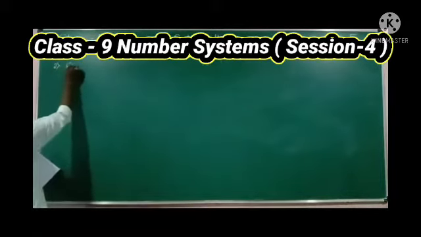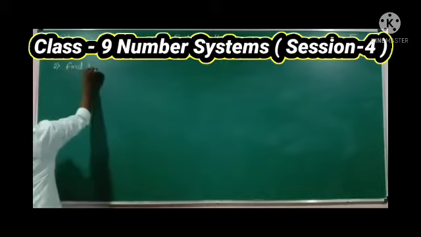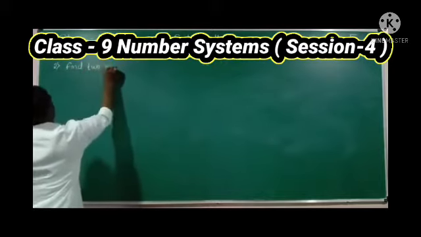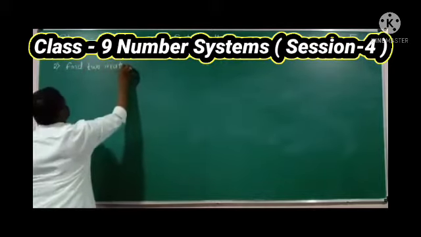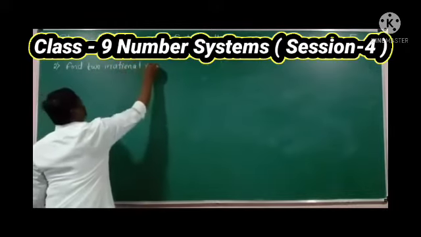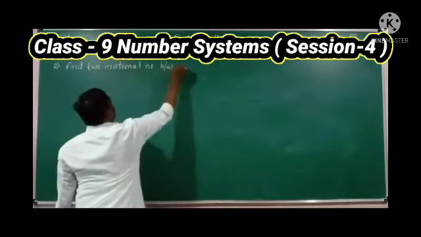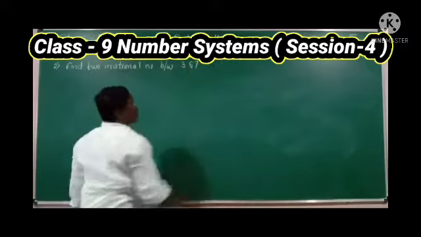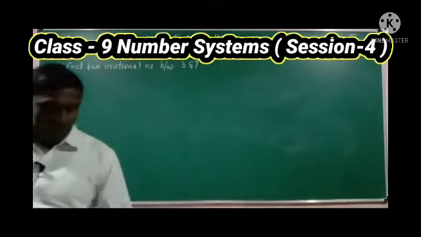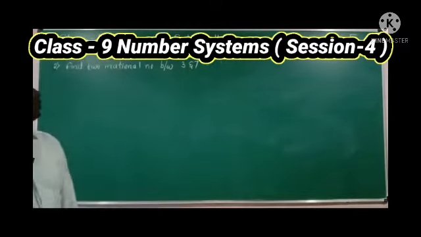Second one, find two irrational numbers between 3 and 7.